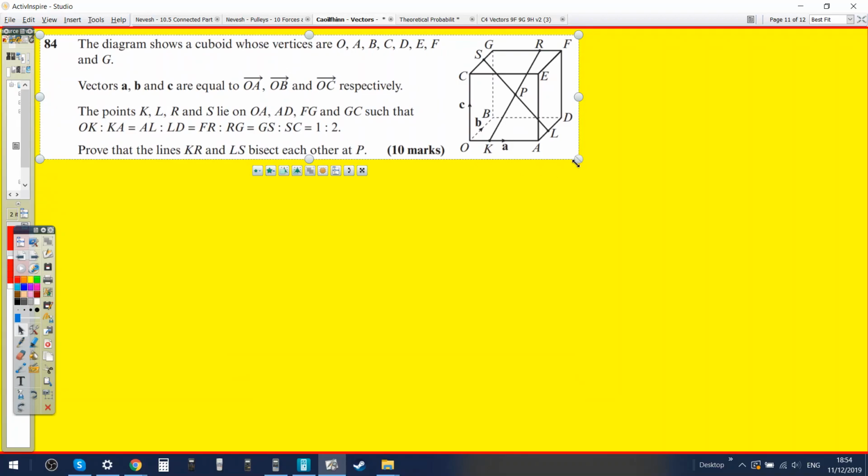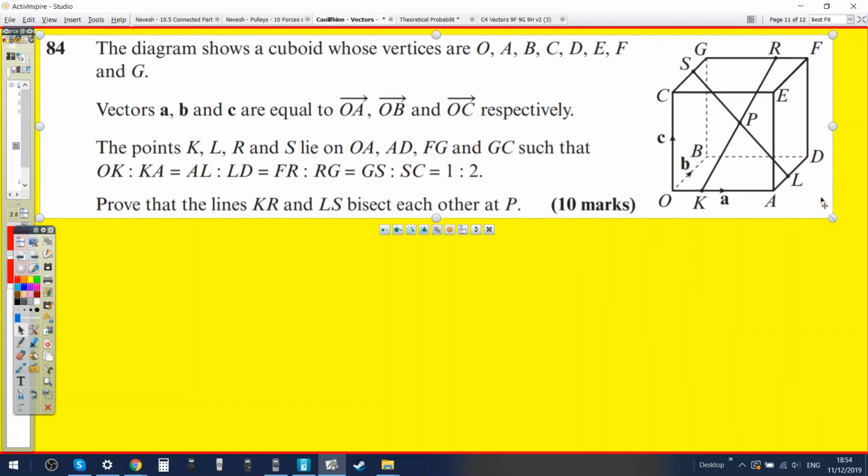What is this? 10 marks. Wow. Let's just take a look at this one. Prove that the lines KR and LS bisect each other at P, and P is what point? The diagram shows this equal to that.